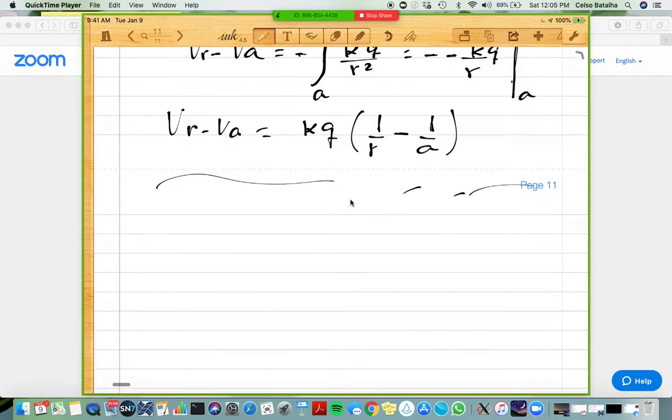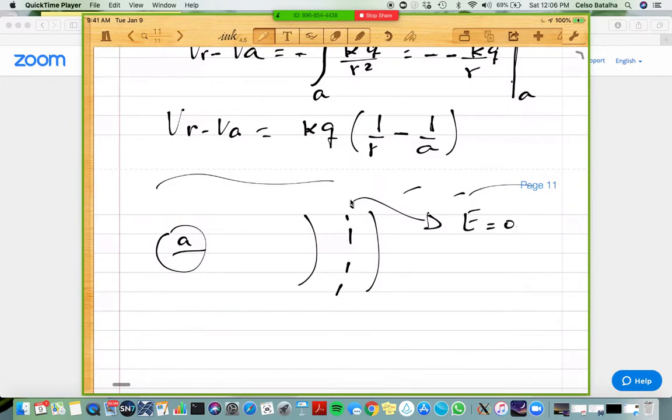So let's go to the shell. So we did the sphere. Now in the shell, when you do your Gauss's law for the shell, we find the electric field inside is 0, right? Therefore, the charge on the inner shell surface must be negative 5 coulombs, which makes the outside surface have a charge of plus 5 coulombs.